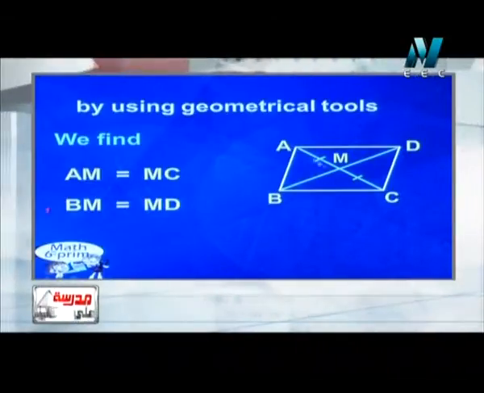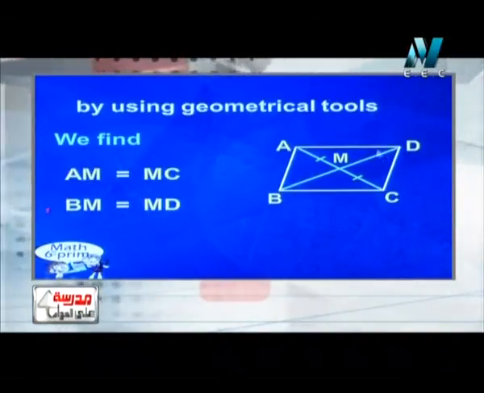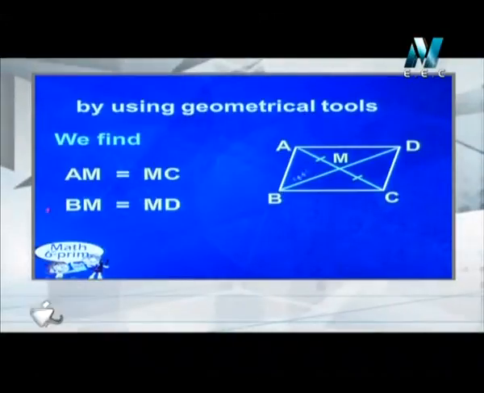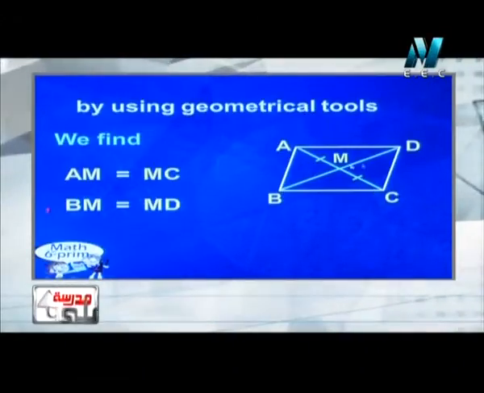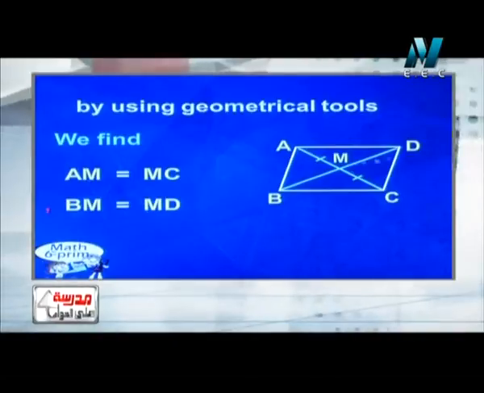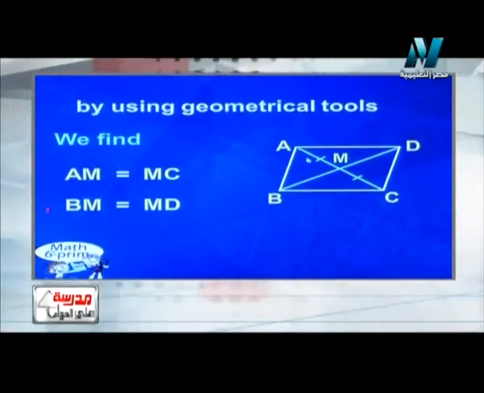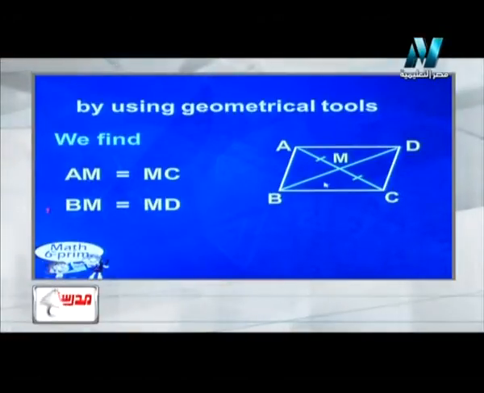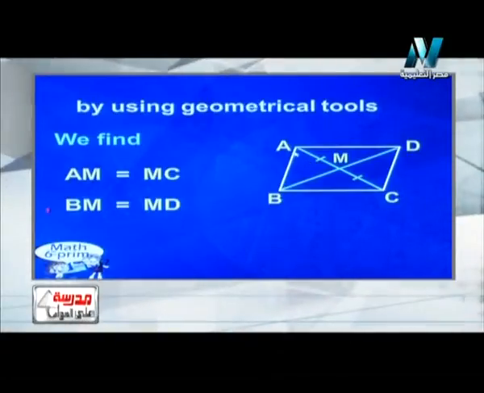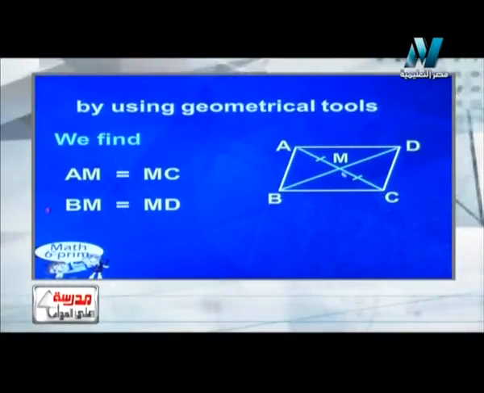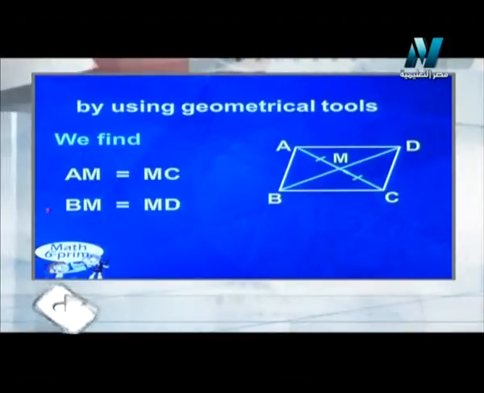The diagonal AC bisects the diagonal BD, as you see. The diagonal AC divides BD into two equal parts, MD and MB, and the diagonal BD bisects the other one, AC, into two equal parts, AM and MC.